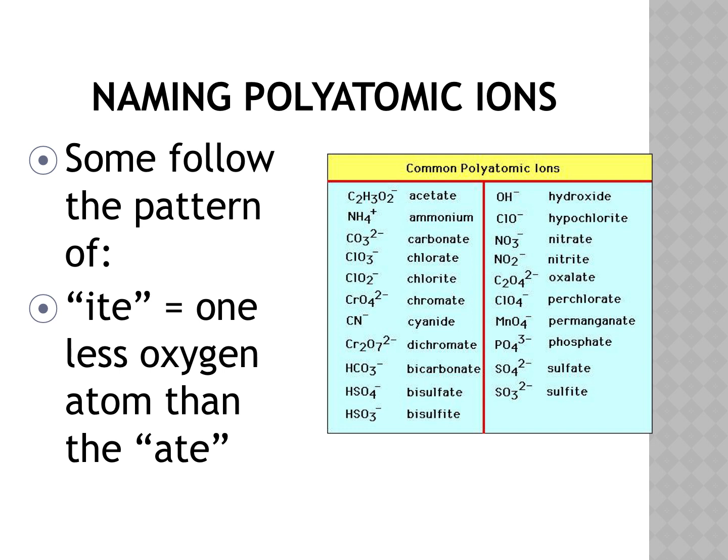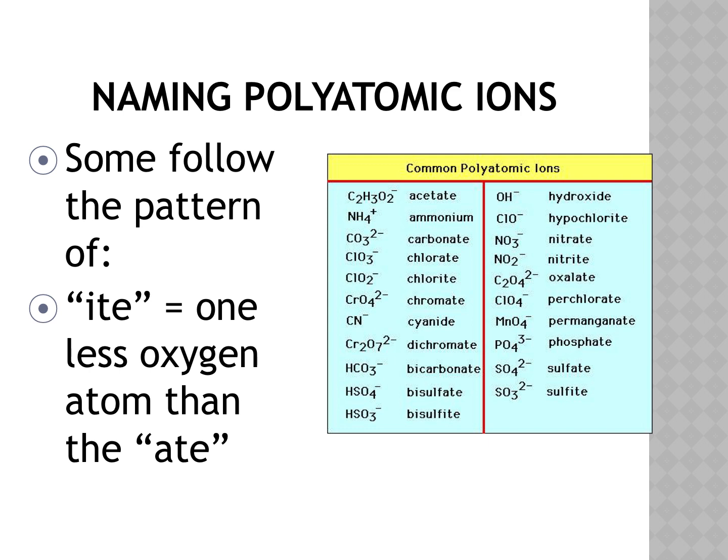The one thing I want to point out: some of the names and formulas are very, very similar. For example, let's find sulfate. Find sulfate on this chart. What's the formula for sulfate? SO4 with that 2- charge. Look just three lower.